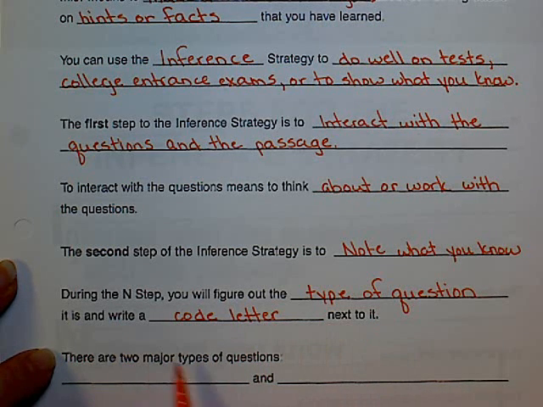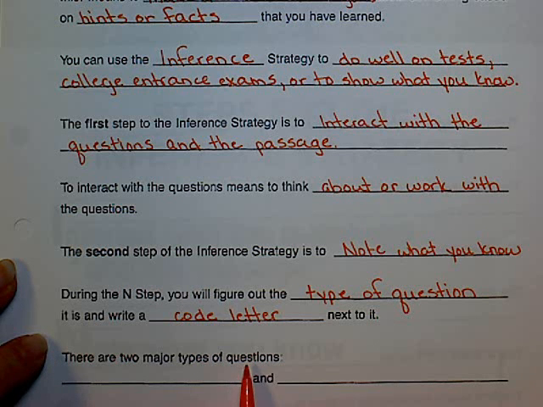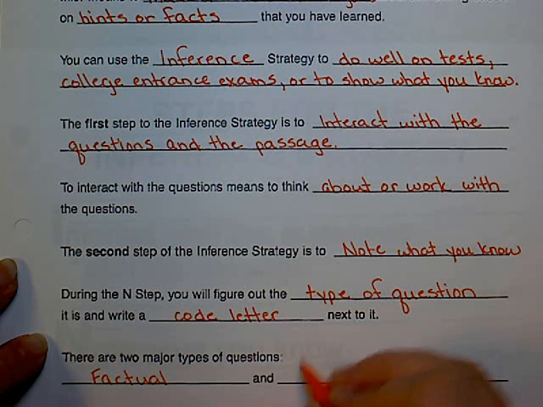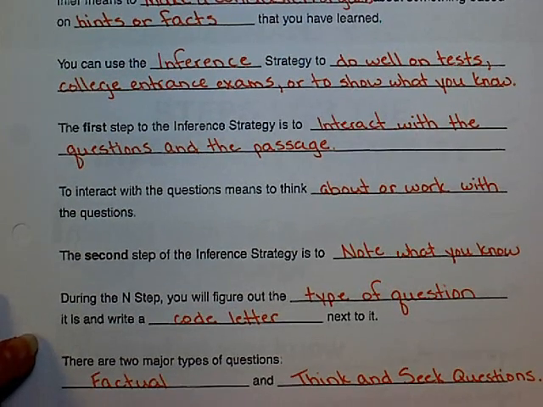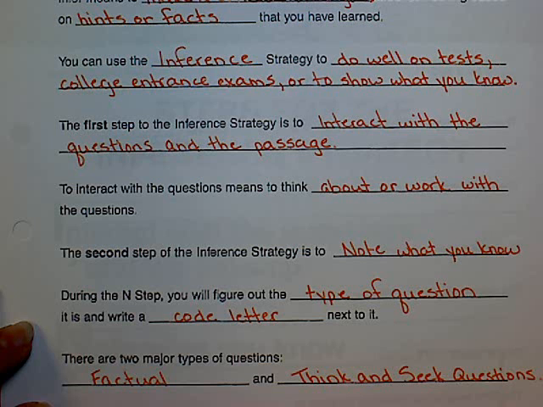Now we talked about this. There are two major types of questions. We had talked about the first one is factual, and then we have think and seek questions. So the answer for a factual question is right there in the text.